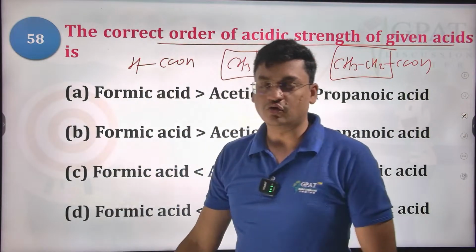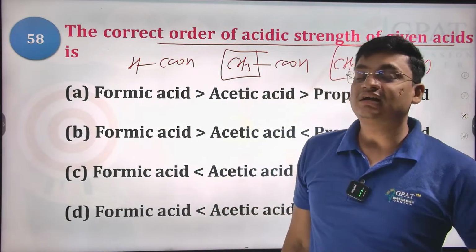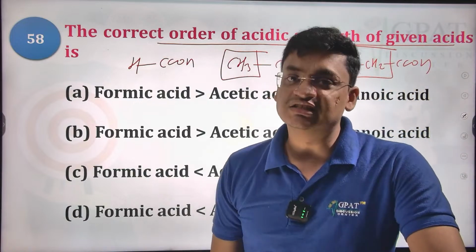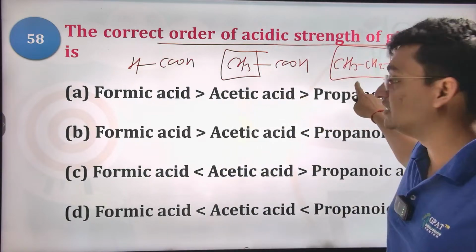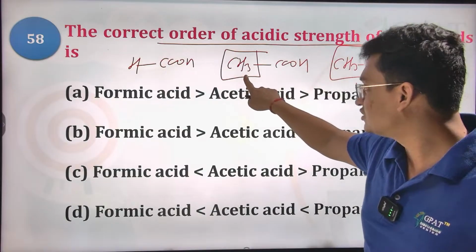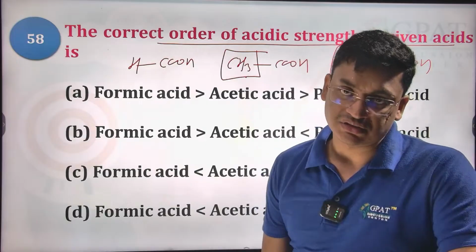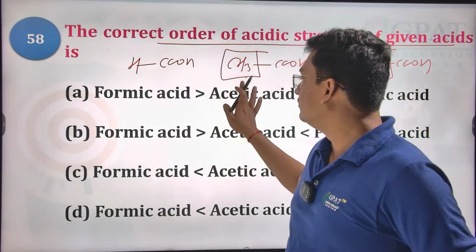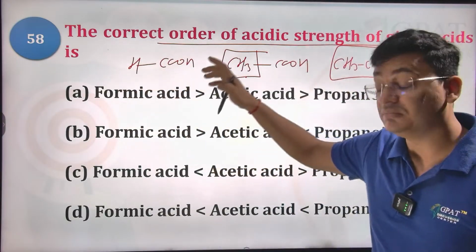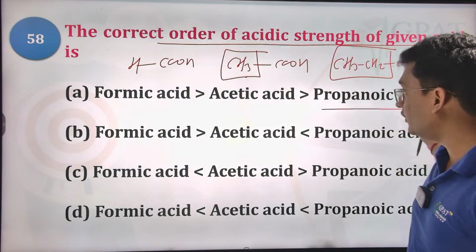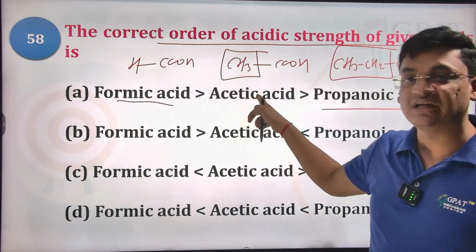The acidic character gets decreased with increasing plus I nature. Here we have the greater plus I strength, a little less plus I strength, while formic acid has no plus I nature. So acetic acid will be more acidic than propanoic, and formic acid is more acidic than acetic acid.